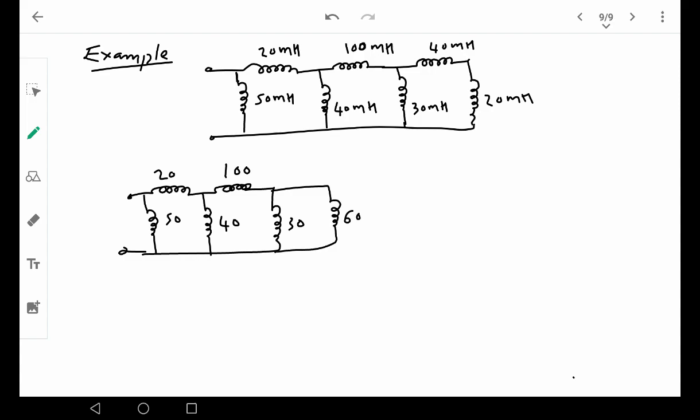Now in the next step, 30 and 60 in parallel, you find out 30 into 60 divided by 30 plus 60, that is 1800 by 90, that is 20, right? So you can write it like this.